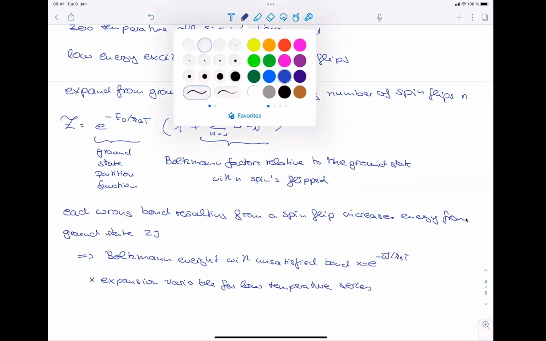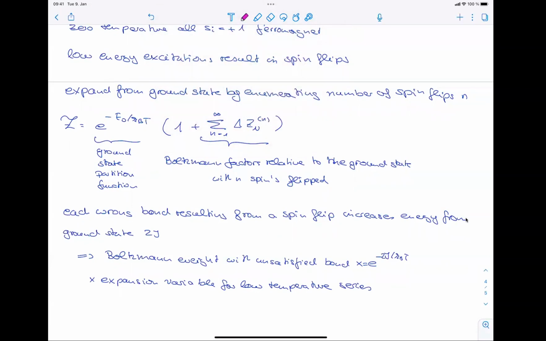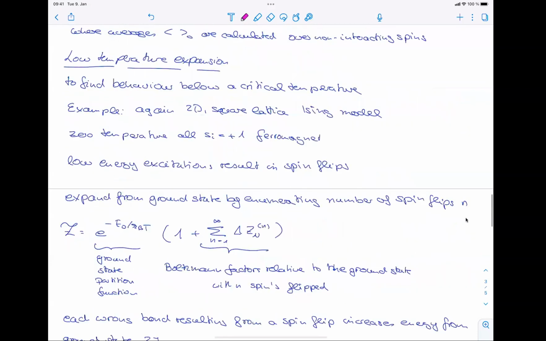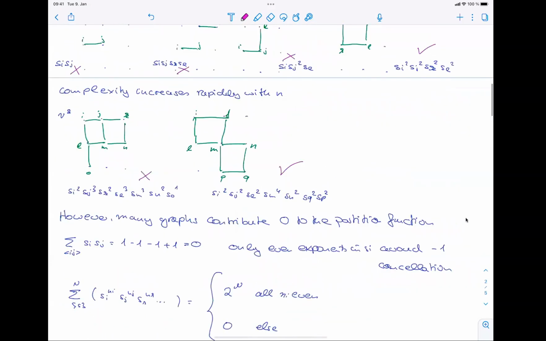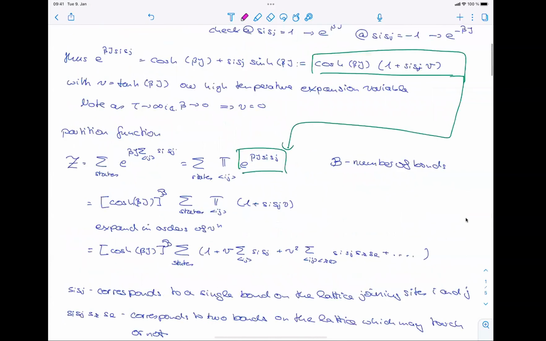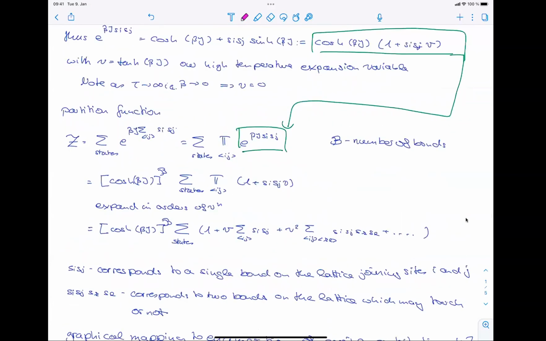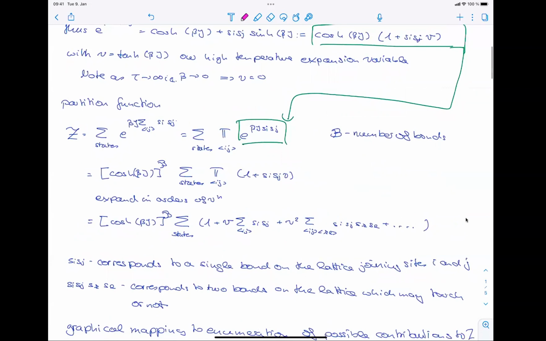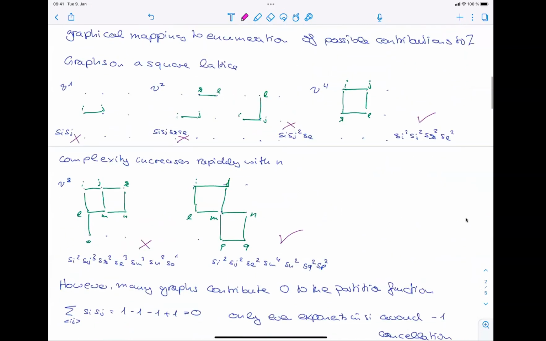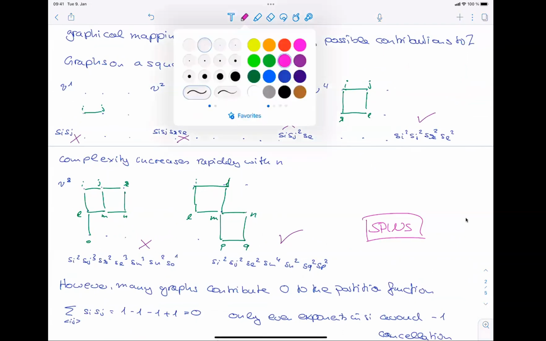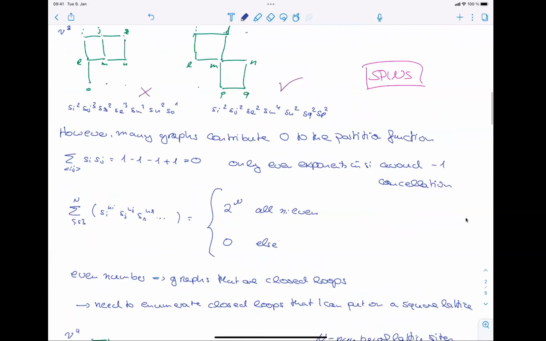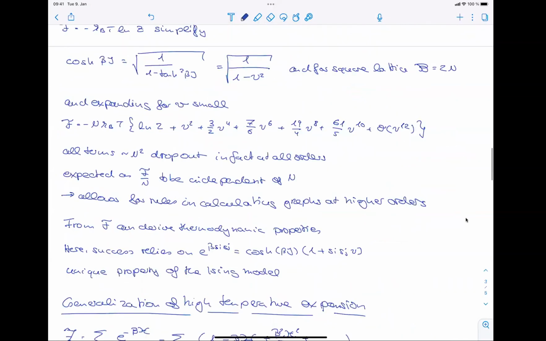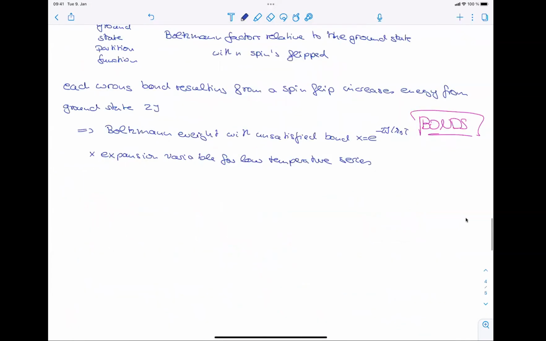And so let me write this very boldly. So here we have bonds, and here we were looking at spins, because we were enumerating the powers of the spins. And here we're really counting the bonds. Okay.